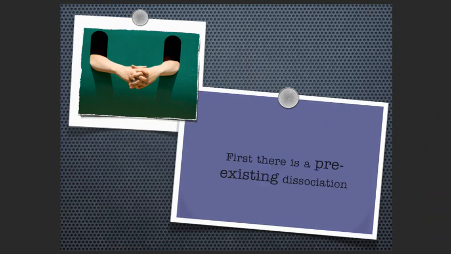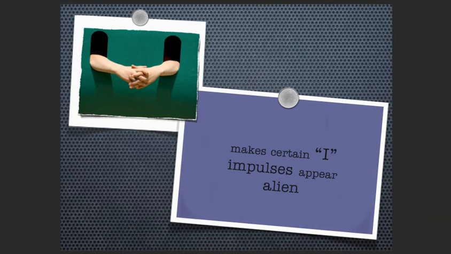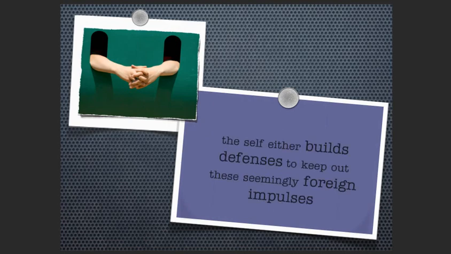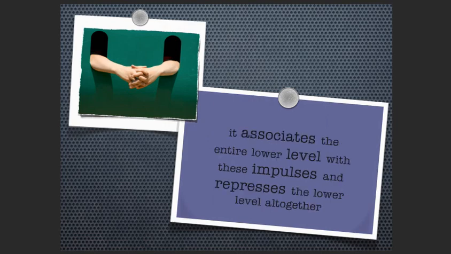First, there is a pre-existing dissociation, potentially from earlier fulcrum phases, which makes certain impulses appear alien, before the integration phase even begins. Second, during the integration phase, the self, due to its desire for preservation, either builds defenses to keep out these seemingly foreign impulses, which appear threatening, or it associates the entire lower level with these impulses and represses the lower level altogether.